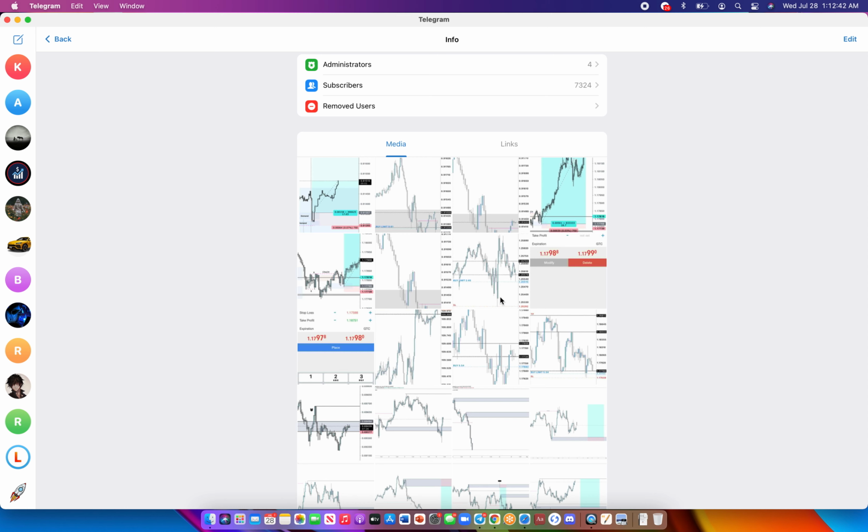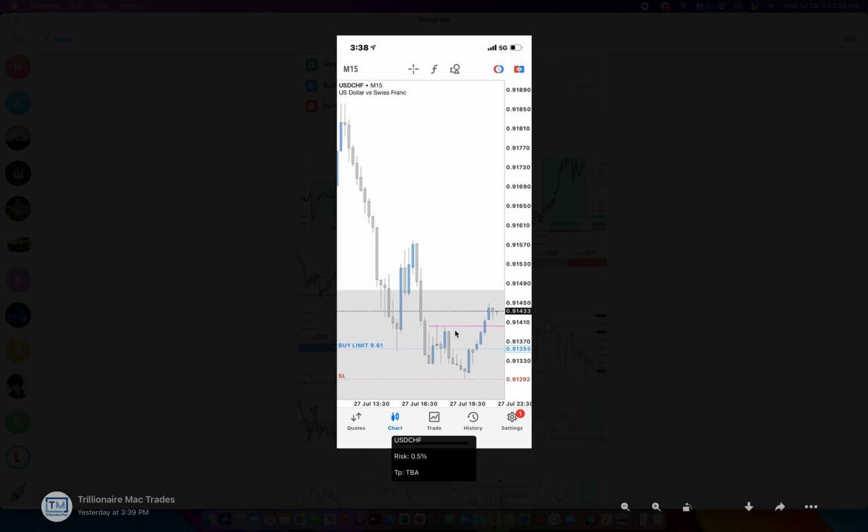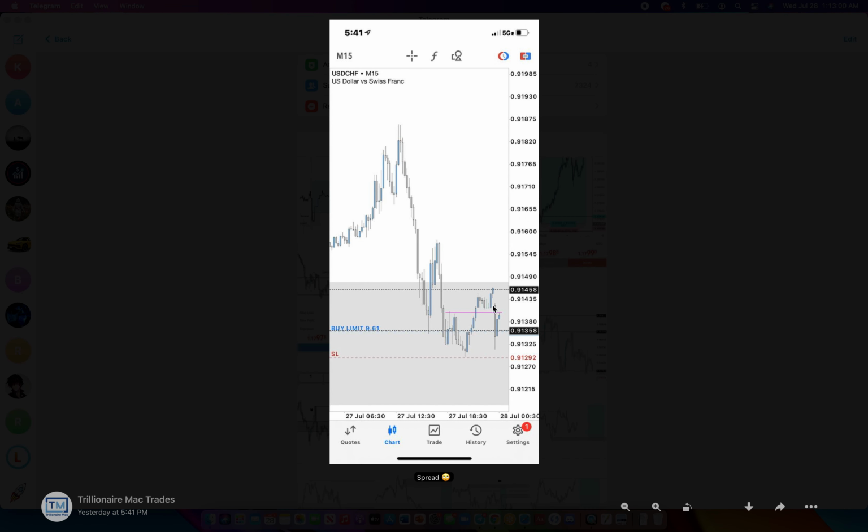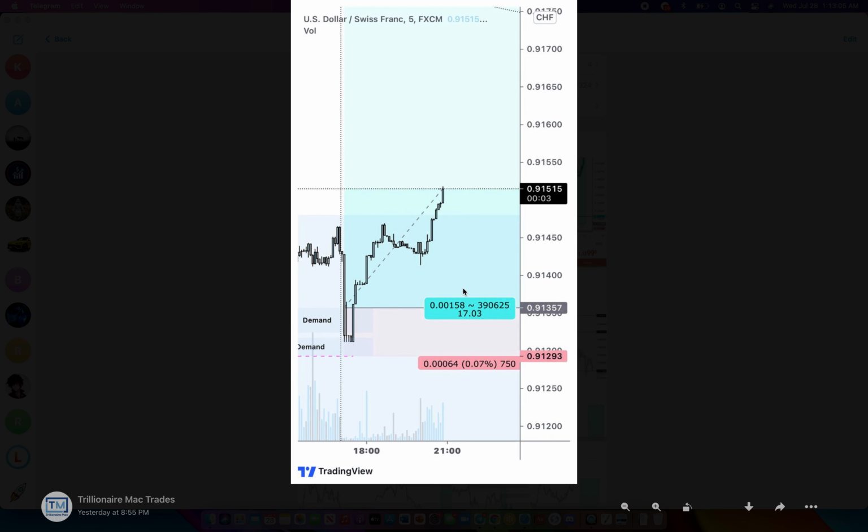So not only did I send a perfect example of an entry on EURUSD that I took earlier today, but I also updated you on this trade right here. I finally gave the trade limit, USD CHF risk 0.5%. We were looking for that to take place. Then price pushed down. We weren't wicked in yet because of spread, and this was the last update that I sent to the group.